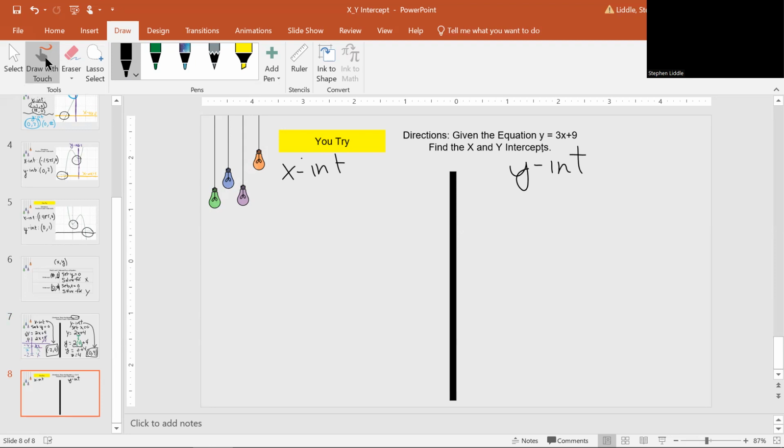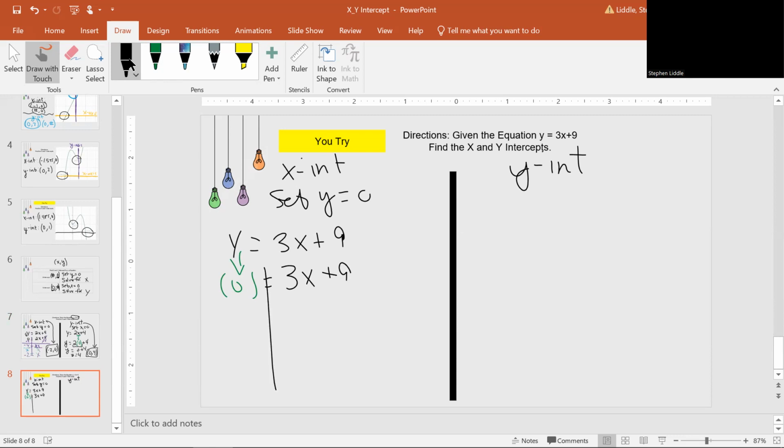All right. For our x-intercepts, we're going to set y equal to 0. So I have y is equal to 3x plus 9. The y is going to turn into 0 is equal to 3x plus 9. And then we're going to solve. Subtract 9 from both sides.